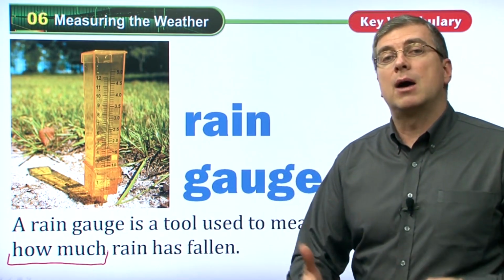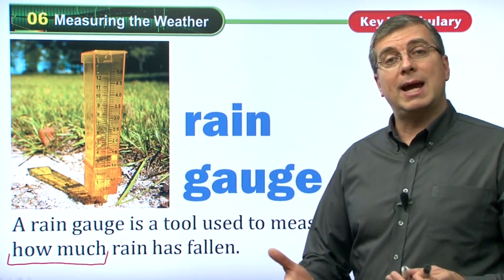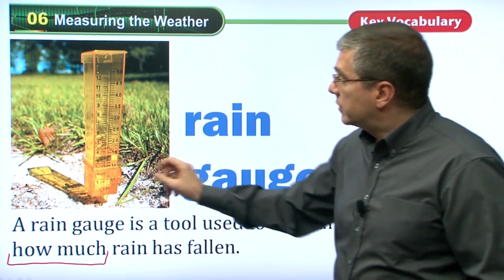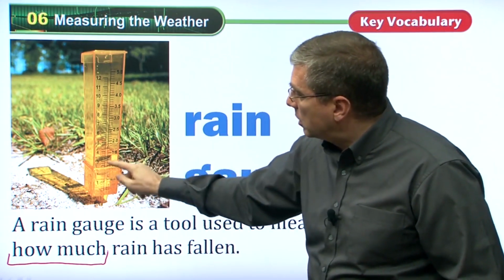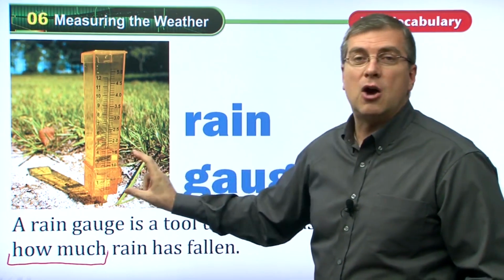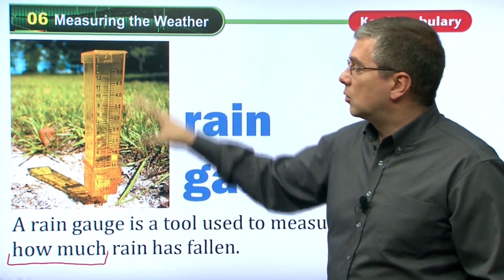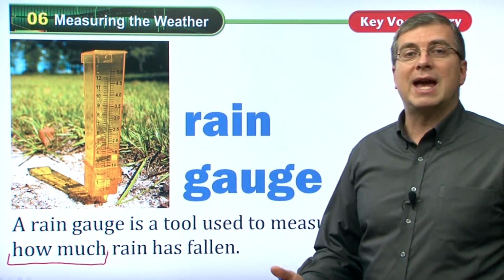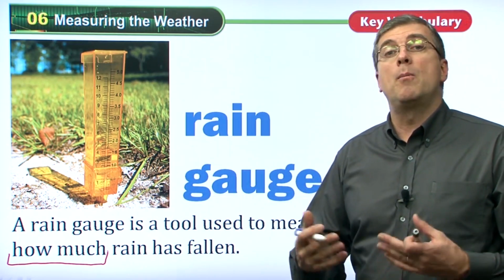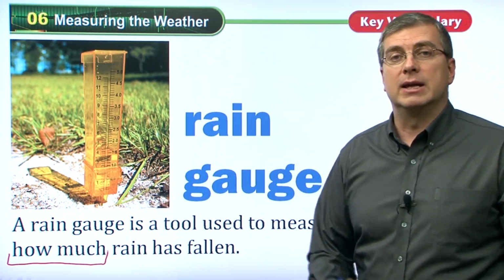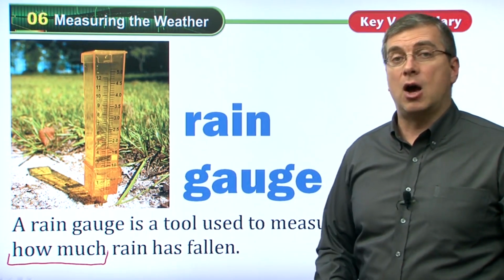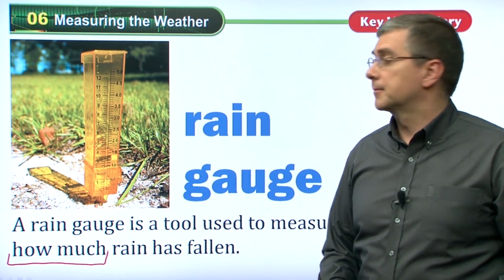We're talking about amount. How much rain came down? We use a rain gauge, and if this fills up, we can see how much rain came down. So we use that tool to determine how much of something there is.